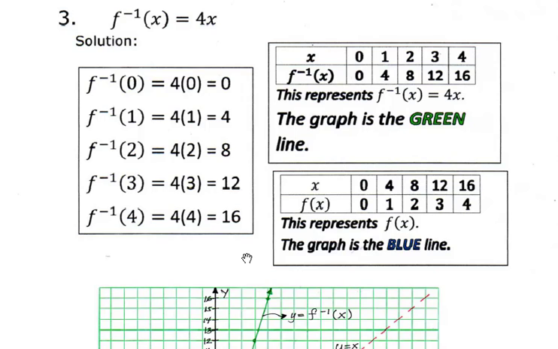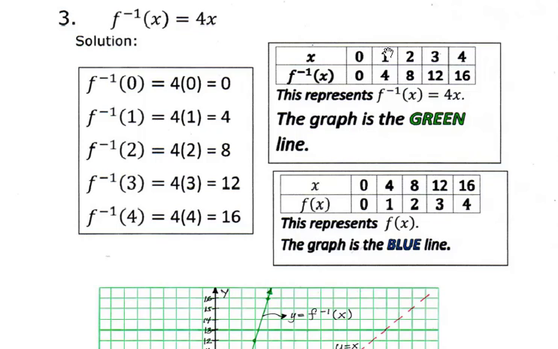Anyway, if it's a linear function, any 2 points, we can already graph the function. But for the sake of discussion in this learning activity, I make 5 points. But as I said, 2 points will do. A linear function or a line, 2 points determine a line. So if you have 2 points, you can create a line.